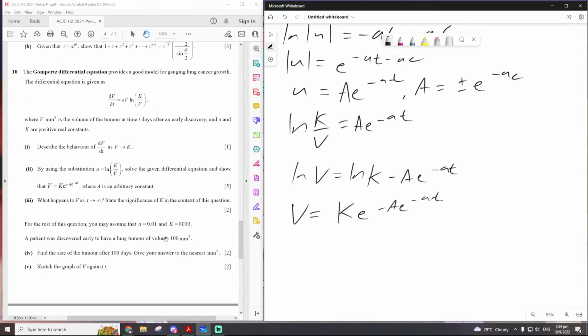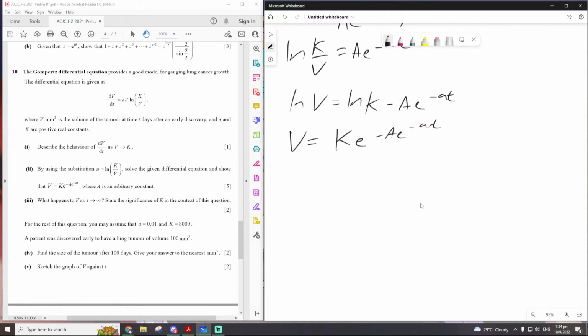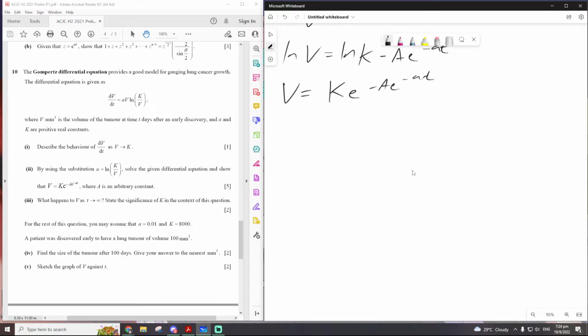What happens to v as t tends to infinity? Part 3. As t tends to infinity, e to the minus at tends to 0, right? Because a is a constant and we assume that it's small relative to t.